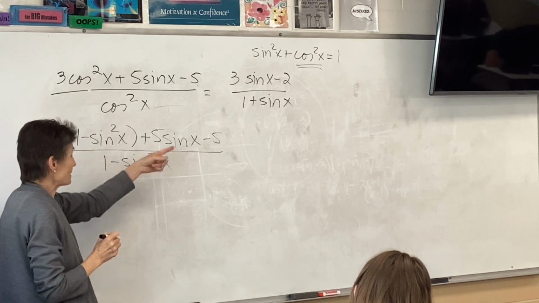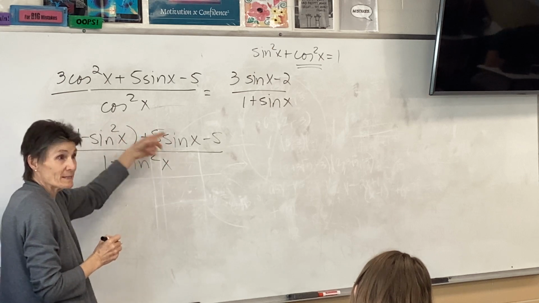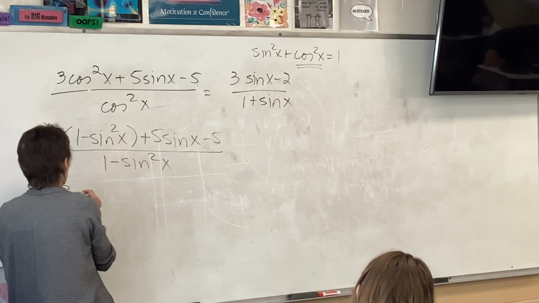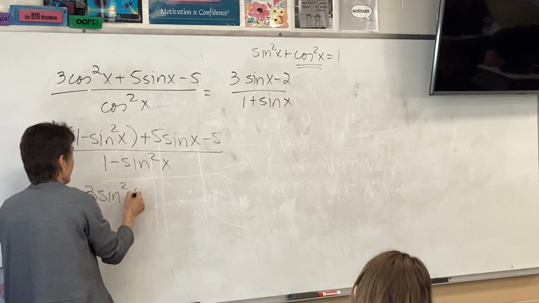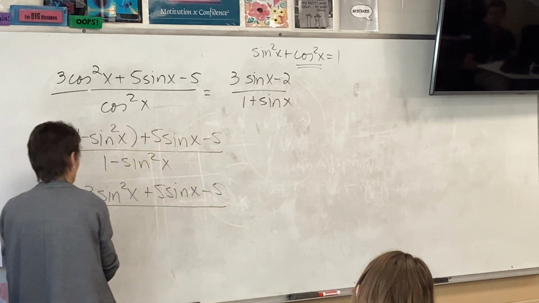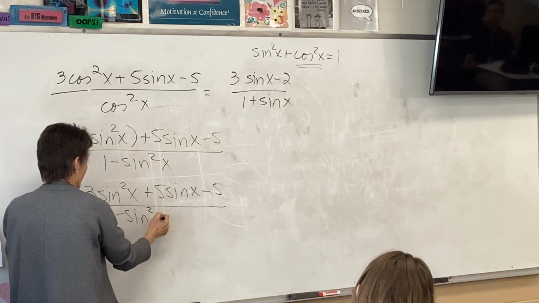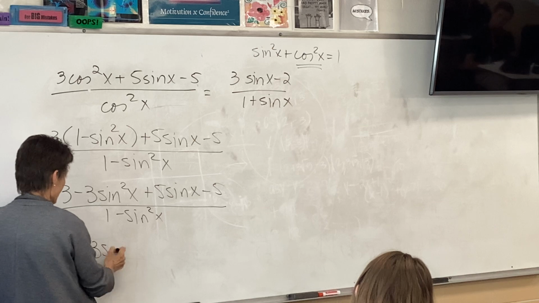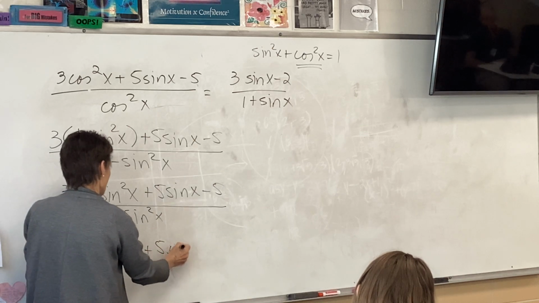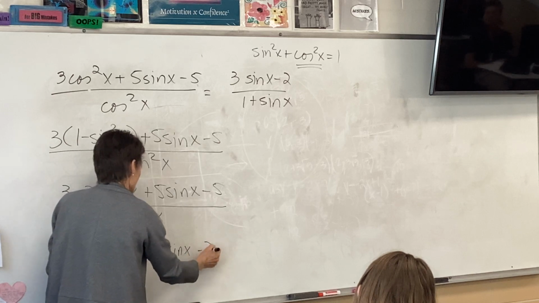Now, obviously there's some arithmetic to do here. Distributing, combining like terms, and so on. So we'll take care of that. Just clean that work. So I've got negative 3 sine squared plus 5 sine minus 2.